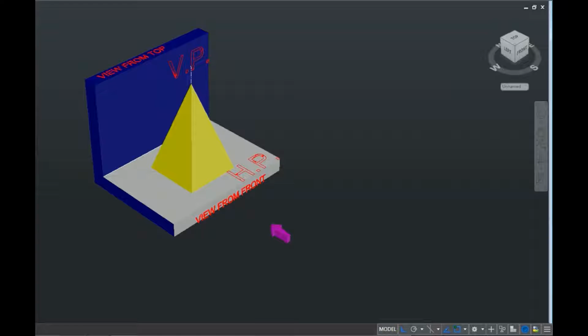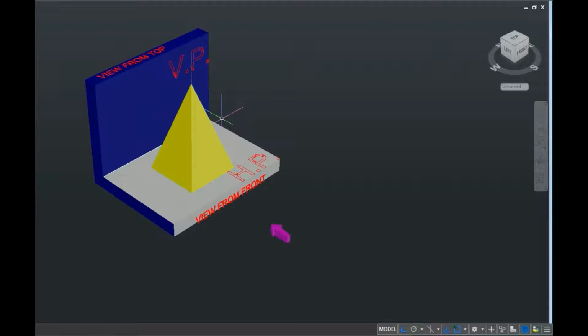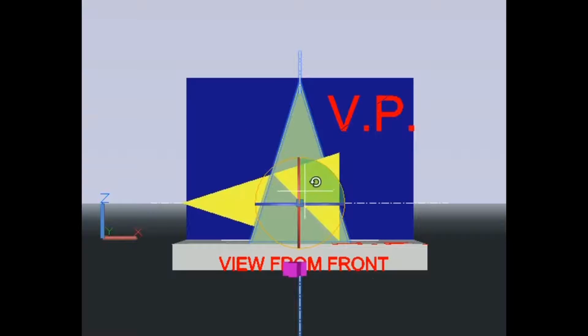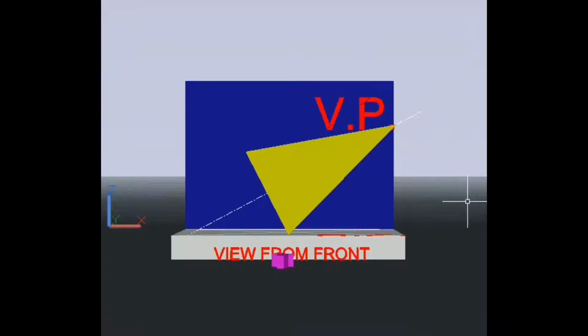On your screen right now, the square pyramid is directly standing on the HP, which is just an assumption, because in this question it is mentioned that the square pyramid is inclined to HP at some angle. So I will rotate this. As you can see, I am rotating it with respect to the horizontal plane only.